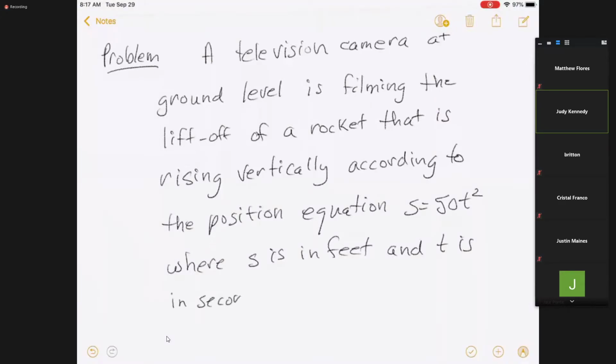So the time is in seconds, S is your position. So this S equals 50t squared is going to give you the height of the rocket at time t.